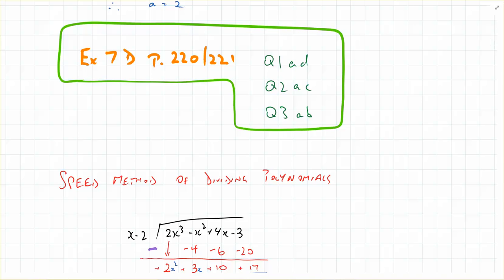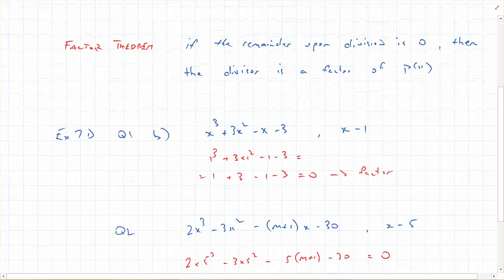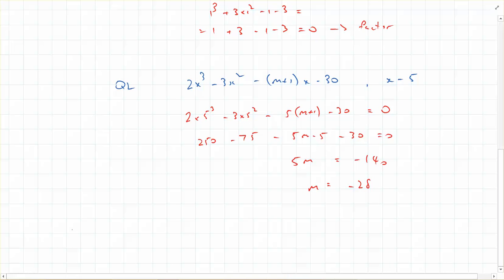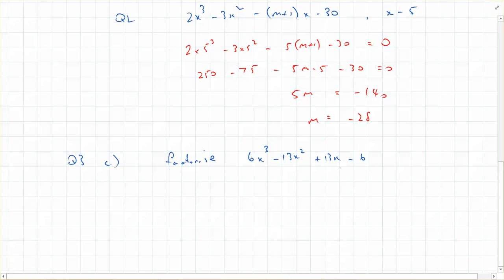Quickly, yep, so I'll do question C as just a demo, just in case you find this useful. Question 3C, you are now just factorising. So it just asks you to factorise, just like the example we did in class on Friday, 6x cubed minus 13x squared plus 13x minus 6, and we need to find initially a factor that works for it.